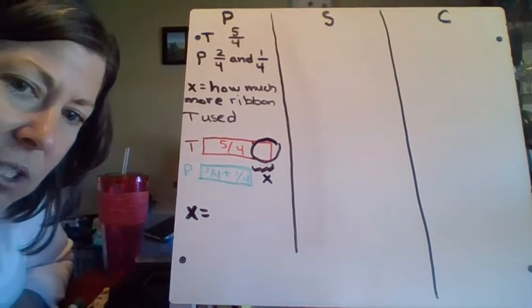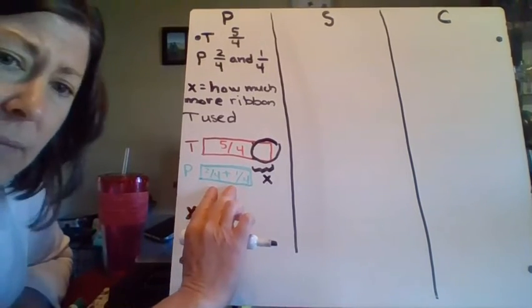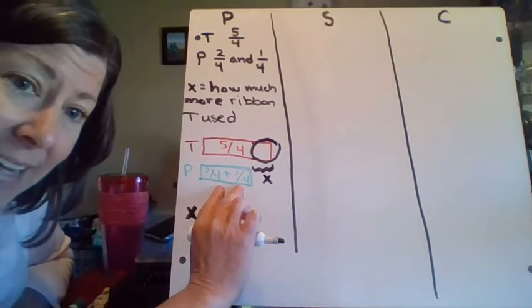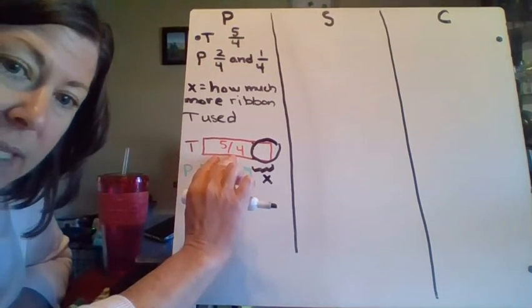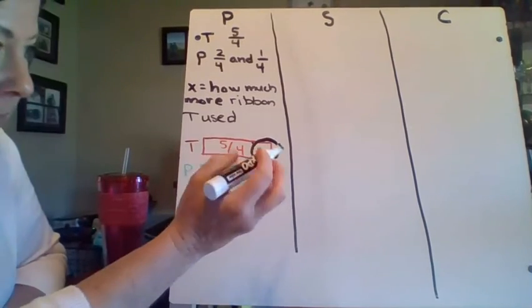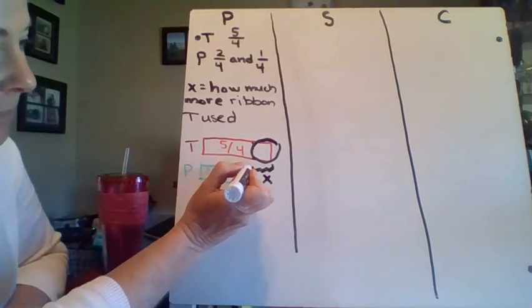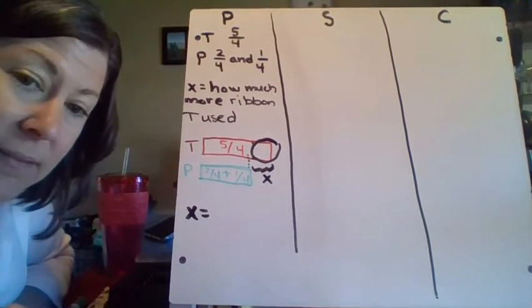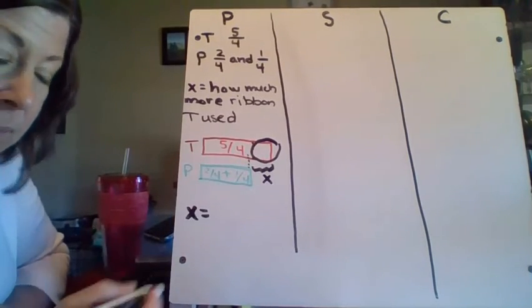So what do I have to do first? Well, first, I have to figure out what Paula used, and then I have to take that away from what Tiana used to be left with this. Because that's basically what was used here.